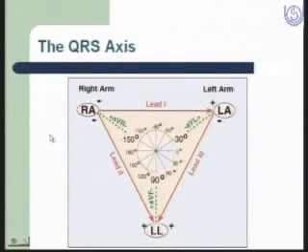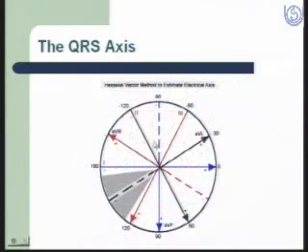So if we combine this into a hexaxial system, and horizontally we say it is 0 degree or 180 degree on the left side, then we can divide the ECG QRS axis into 4 quadrants, from 0 to minus 90 degree, 0 to plus 90 degree, 90 degree to 180 degree. And we can place the normal leads in this hexaxial method.